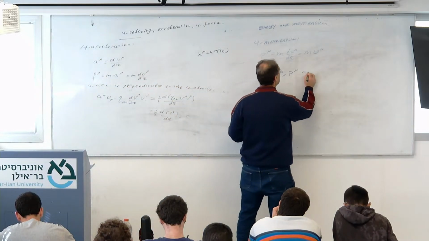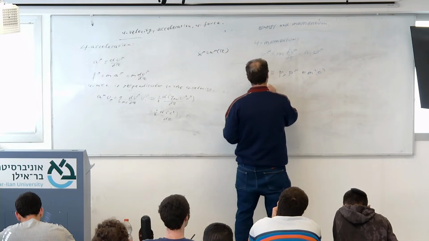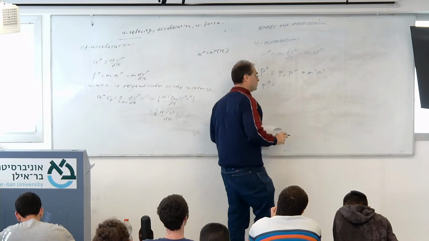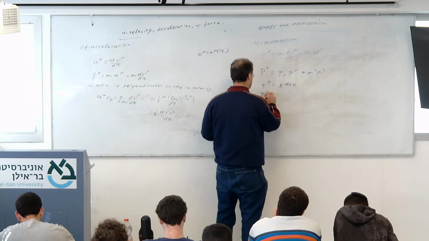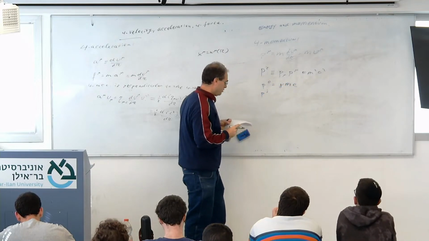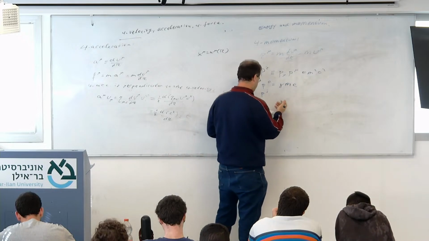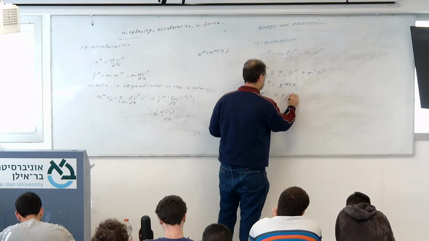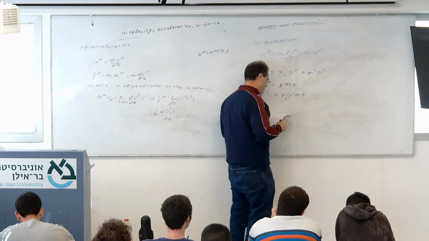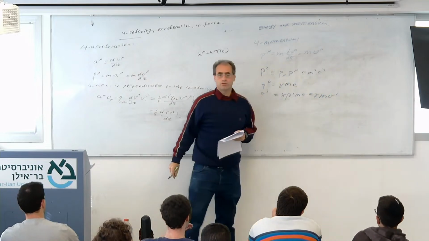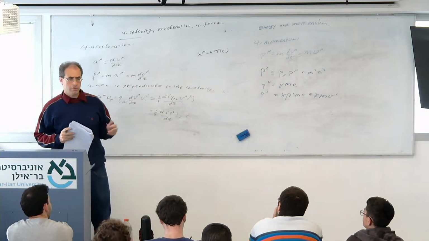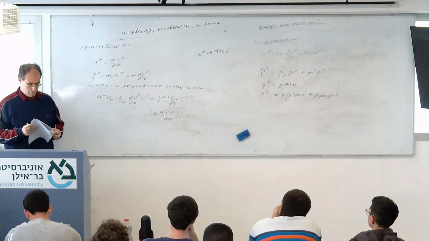What is p0? m c gamma. What we had, and what is p^i? The spatial part? Gamma beta m c, or gamma m v^i. Is this clear to everybody? These are getting important, by the way, because we're going to use them quite a lot.